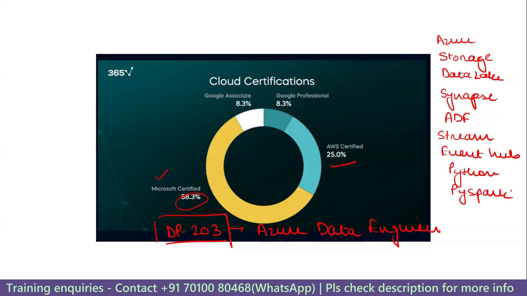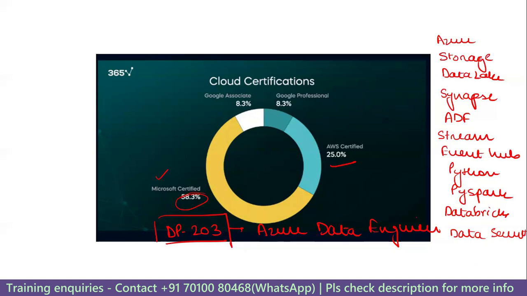Once we're done with Python and PySpark, yes, introductory lessons on Python and PySpark, we'll talk about the Spark tool, which is present in Synapse, how you can use PySpark to transform and process your data in Synapse. Then we'll move on to Databricks, where we again use PySpark, Scala to process our data. Then finally, we'll talk about data security in Azure.